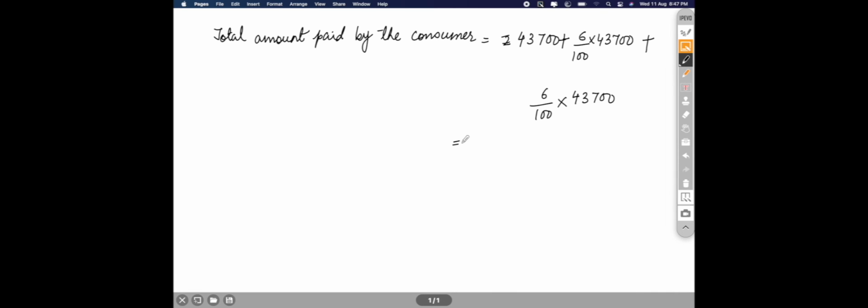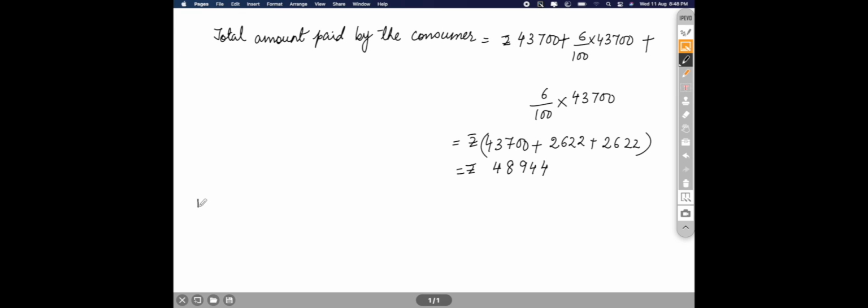So when you simplify this, it will come to rupees 43,700 plus 2,622 rupees. Fine. So this counts to rupees 48,944.